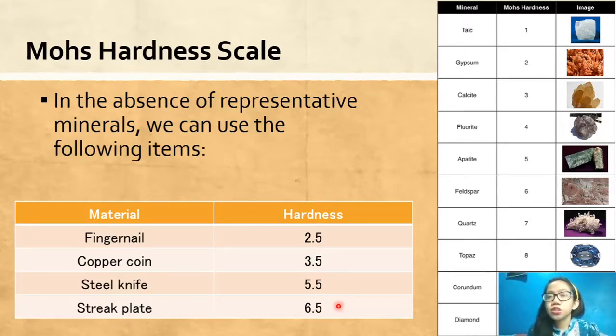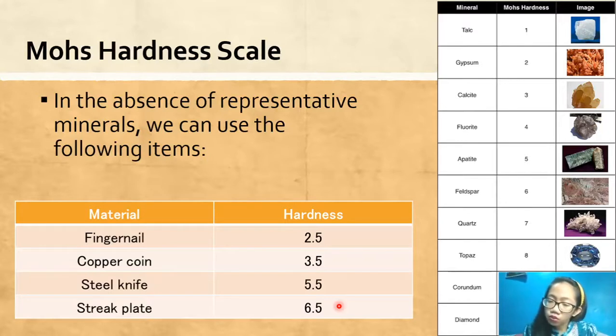Just to test if you really understand how the Mohs hardness scale works: can topaz scratch quartz? Topaz sits at 8 on the Mohs hardness scale. Can it be used to scratch quartz? Yes, because topaz is harder than quartz, so we can surmise that it can scratch quartz.